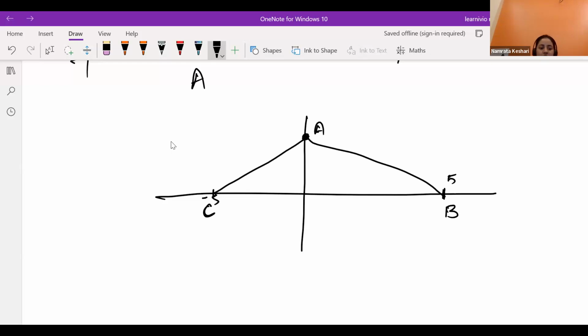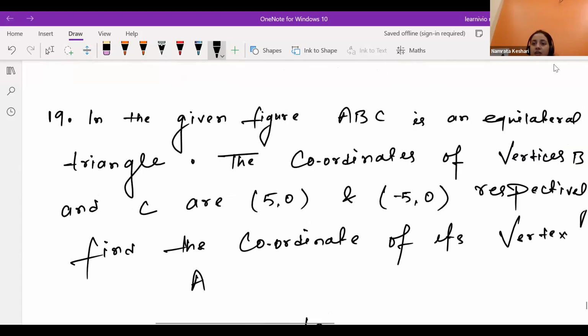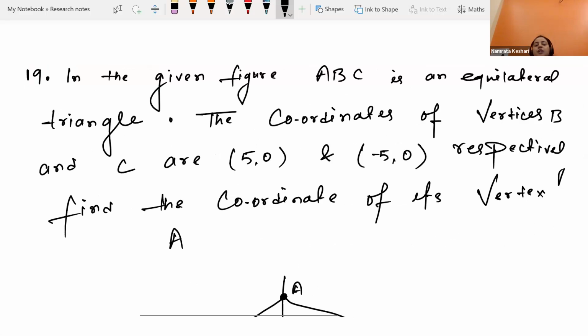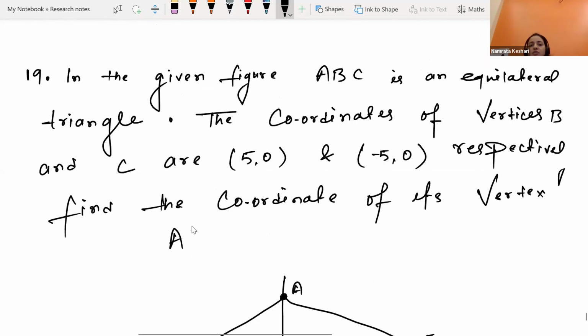Okay. Yeah, let's read it carefully. In the given figure, ABC is an equilateral triangle. The coordinate of vertices B and C are given. And we can see also B and C coordinate 5,0 minus 5,0.